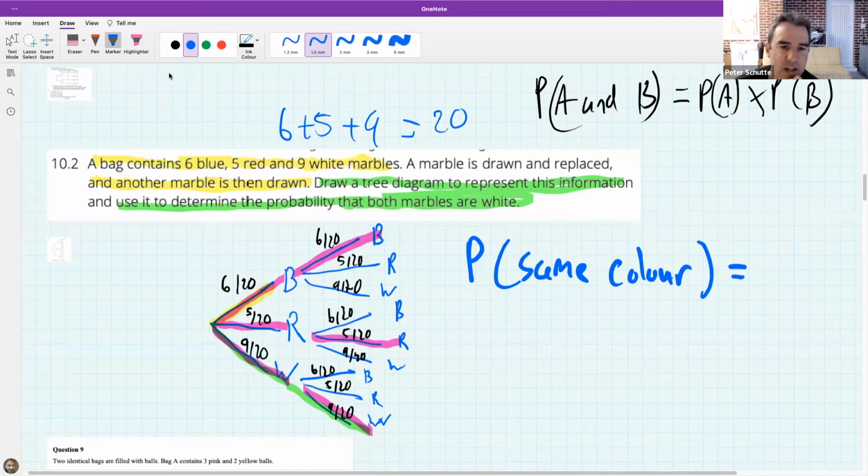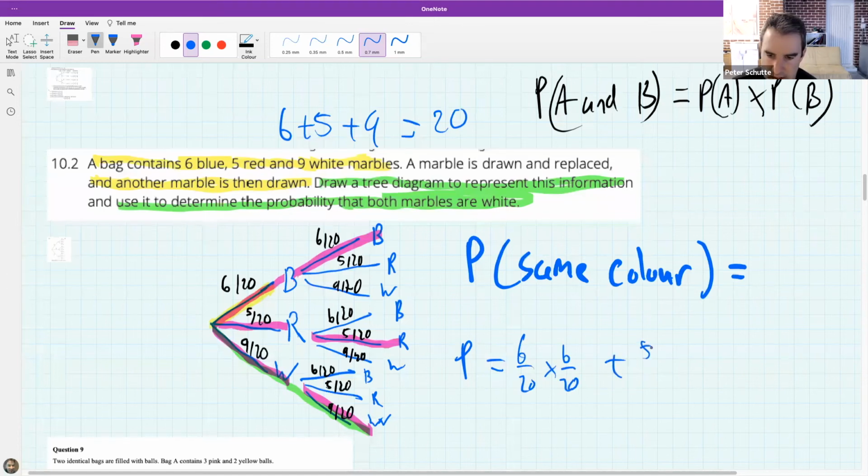So now to calculate my probability, and this is what's good about when you get used to this, you actually know there's going to be three pieces to this. There's the top one, which is that, plus you're going to get that, plus each of those options would end us with a favorable outcome of the same color.